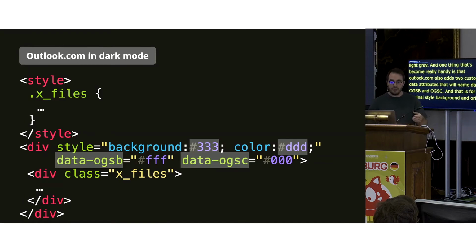It's just an attribute that they use to save the original value that was in your code before the dark mode switch. And this is going to be very useful, because we are going to be able to use this data attribute to actually target Outlook.com whether you're in light mode or dark mode.